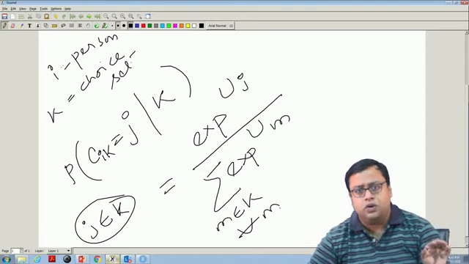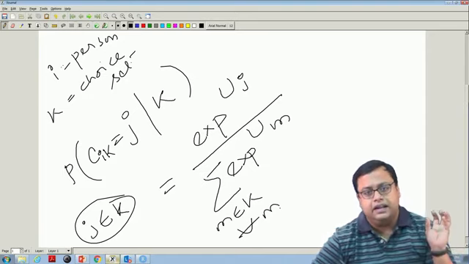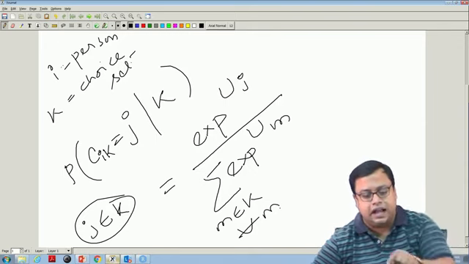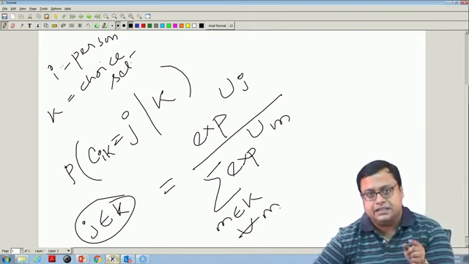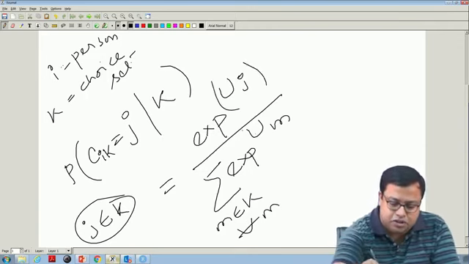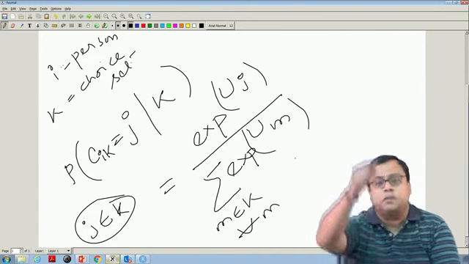So, what do you do? You find out the utility of the jth option and the utility of all other options, and the formula is like this. So, exp means exponential actually, exponential of u, or e to the power uj.